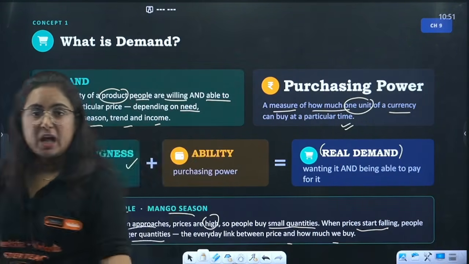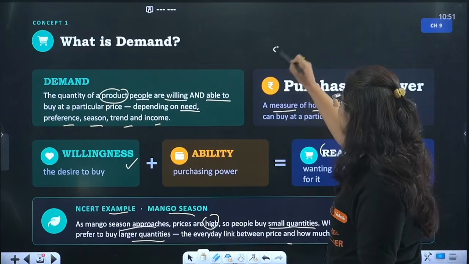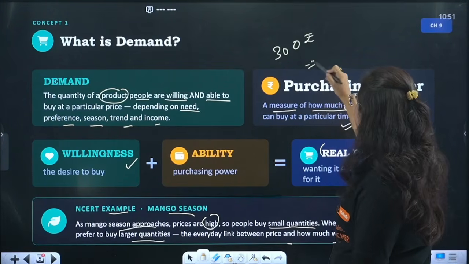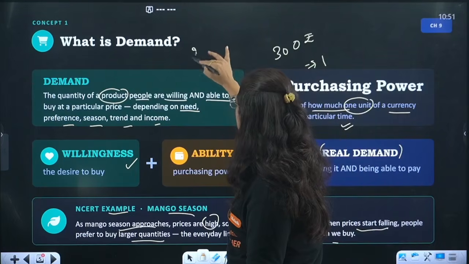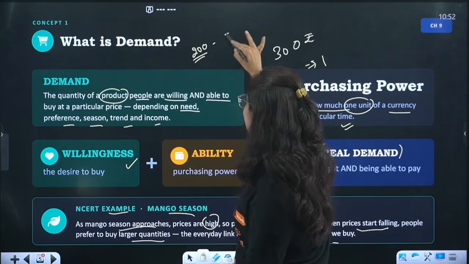Yes, exactly. In the starting, when we go and buy mangoes, if it is 300 rupees per kg, what will happen? We will just bring 1 kg. But what if the price drops to 200? We will think that, acha, let's take 2 kgs.